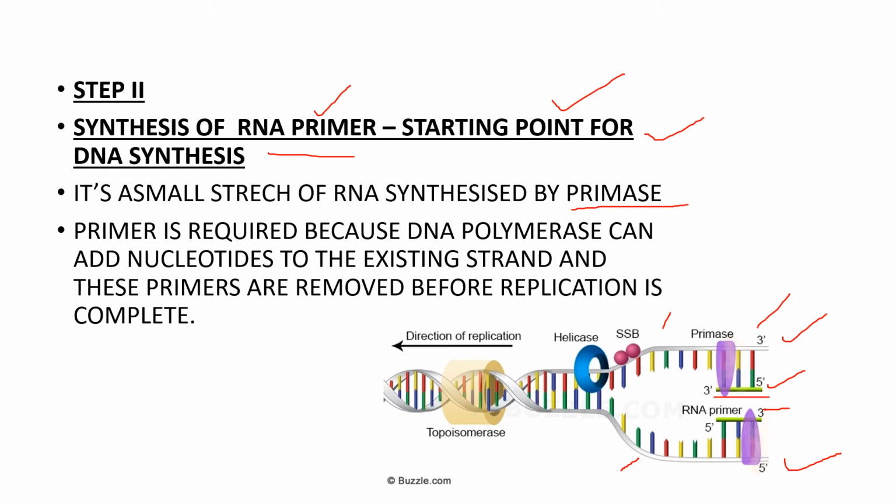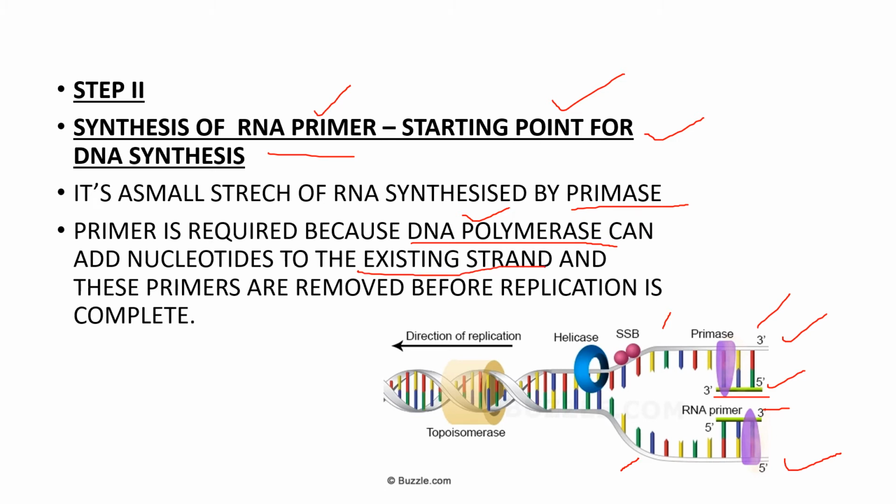And why is this primer required for replication here? Because the DNA polymerase, which we have seen already in the first slide, acts in the polymerization. It helps in the polymerization of nucleotides, that means joining the nucleotides, adding the nucleotides here. It can add the nucleotides to the existing strand only.